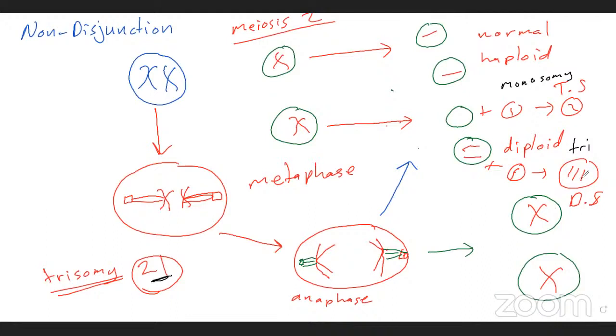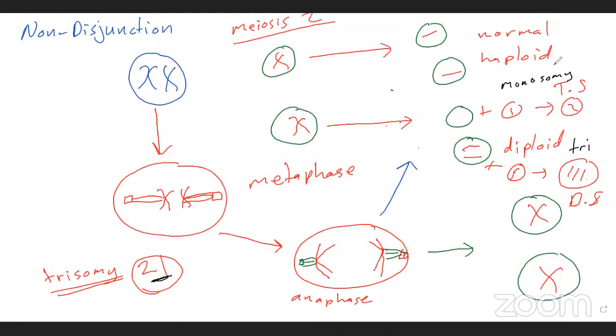So trisomy increases it by 1, and monosomy drops it by 1, because you're losing a chromosome. So monosomy would have 22 chromosomes.